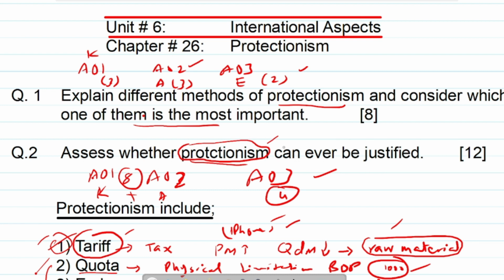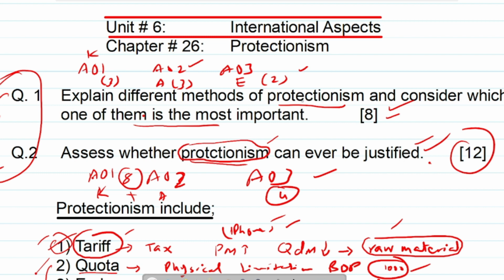So this is how you can write the answer to the 12 mark question and 8 mark question, right? So both questions will never come at the same time. These questions may be alternatively tested by the examiner. At one time the examiner may use this question, and at another time the examiner may give you the second question, that is the 12 mark question.